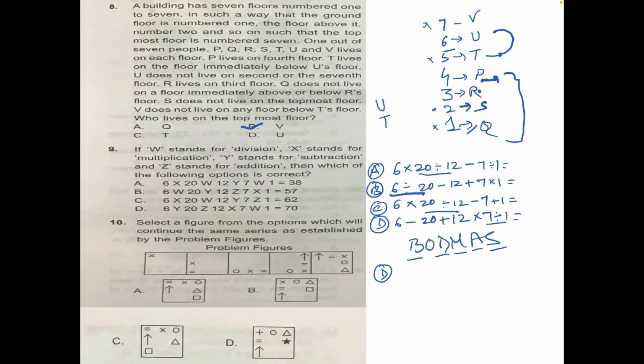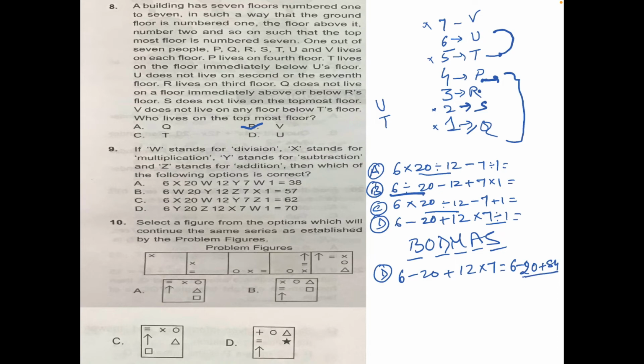So, it is 6 minus 20 plus 12 into 7 divided by 1 means 7. So, this will be 6 minus 20 plus 84. Now, I'll do addition first.